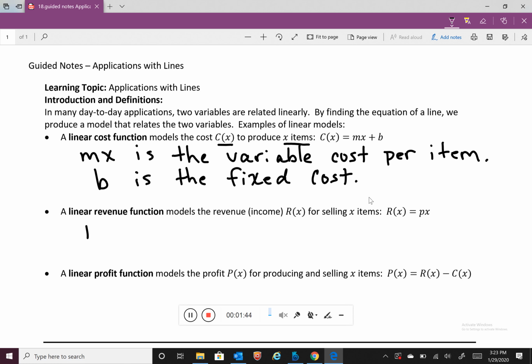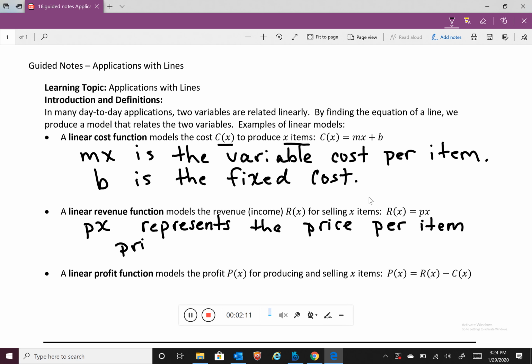P times X represents the price per item, for each item, and so we're looking at the price times the number of items sold.